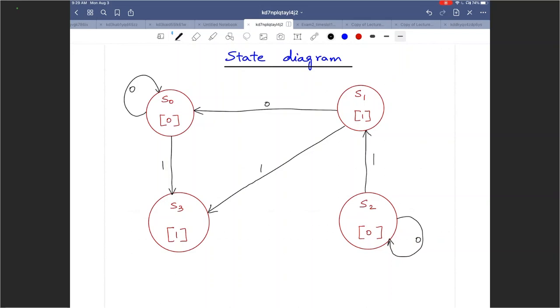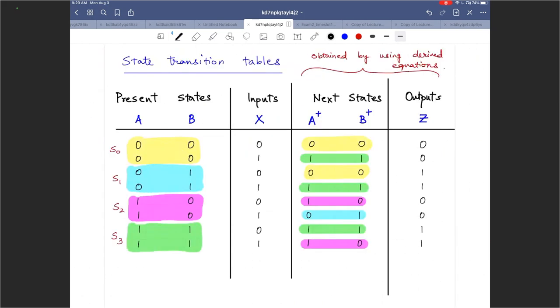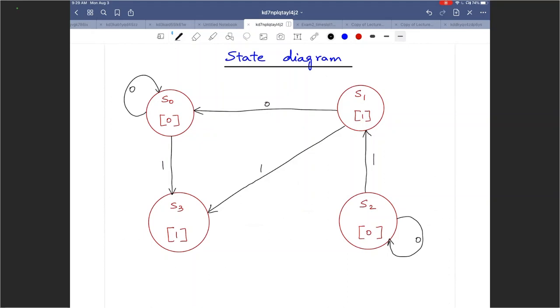And next, state 3. If you are in state 3, stay there or go to 2. That's it. That's your state diagram.